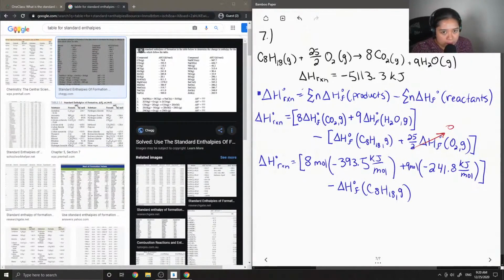Okay, so I can also plug into this equation what was given in the question for the delta H of reaction, which was negative 5,113.3 kilojoules.